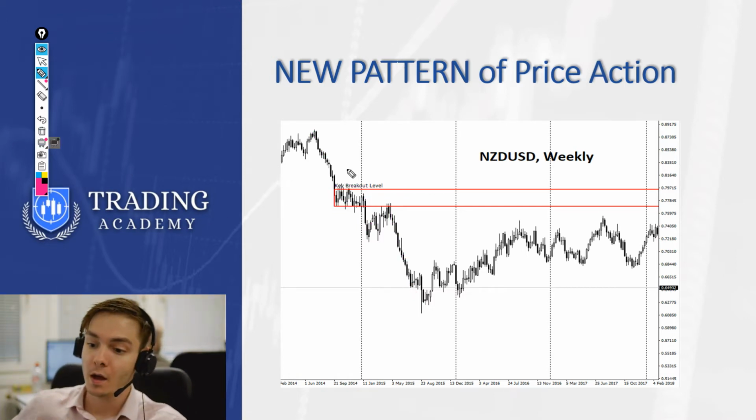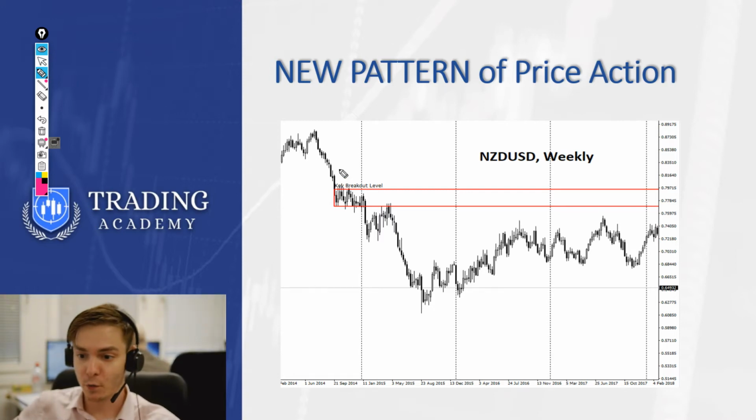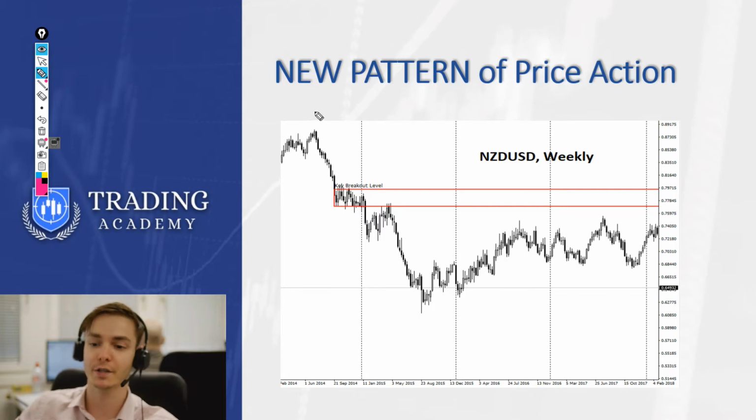Okay, why is this pattern working that way? We need to think about what is behind the movement, why the impulsive movement is actually formed. Behind the movement are big orders, of course. And who is behind the big orders? Not retail traders. It is banks.